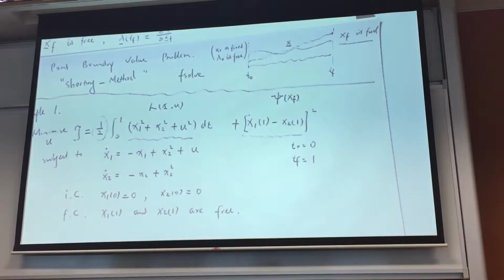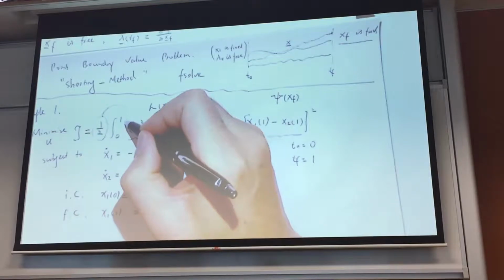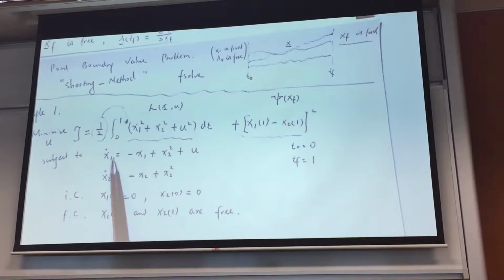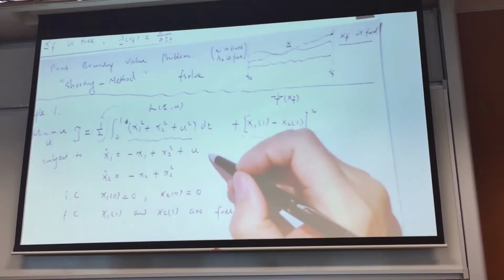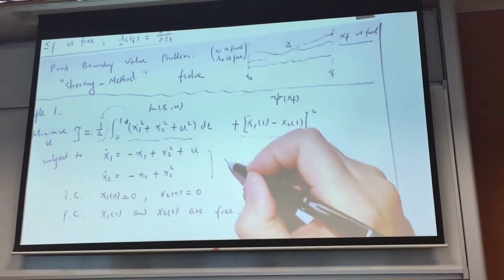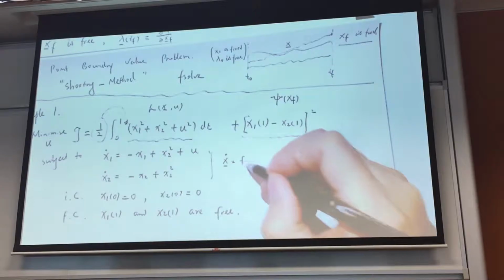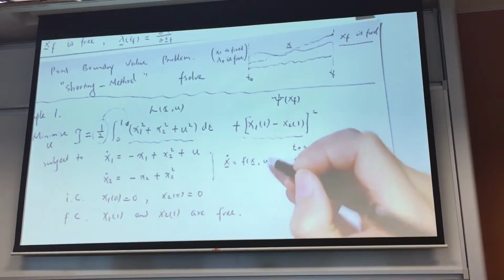So this half should be moved inside the integration to construct the Hamiltonian. And these two functions are the dynamics of the equation, so these two functions are actually our equation x dot equal to f(x, u).